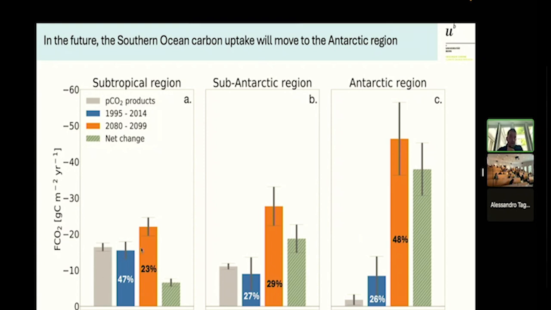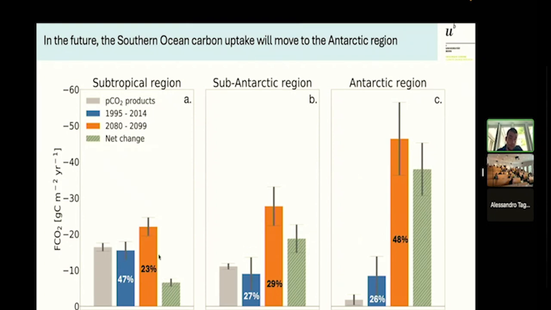And we can see that for the present day, which is in blue, most of the uptake actually happens in the subtropical region, so it's 47%. And in the subantarctic and Antarctic regions, it's around a quarter in each of these regions. But then when we go to the future, the uptake increases in all of these regions.